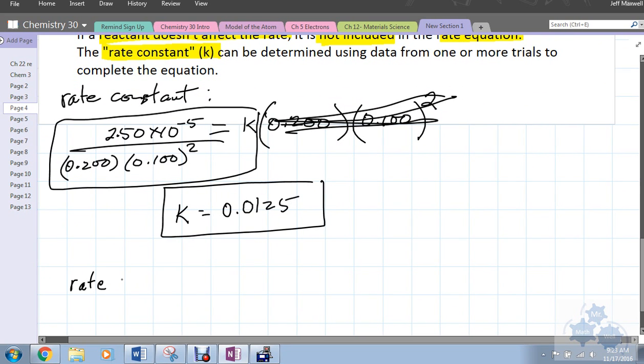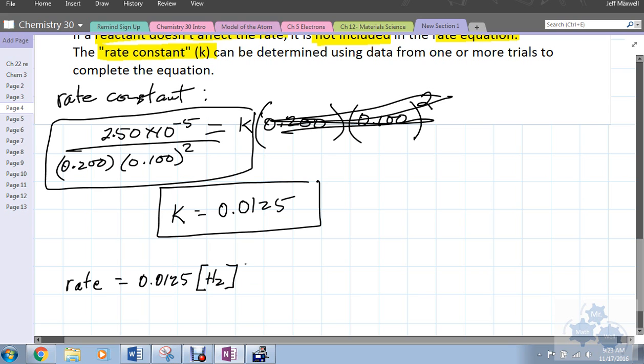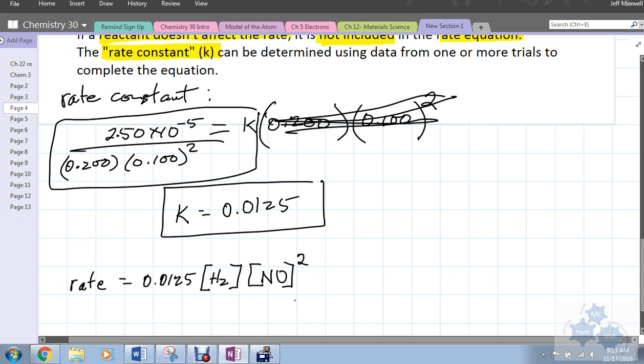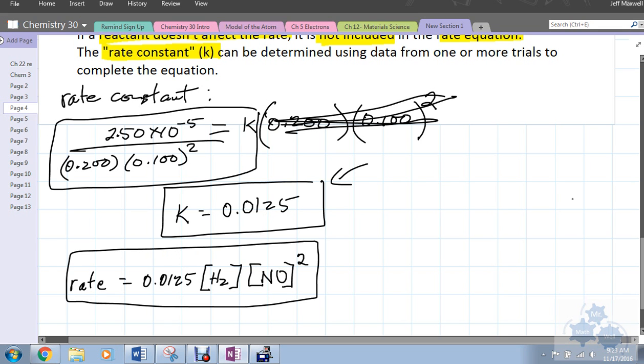The rate of this reaction at this temperature under these conditions is exactly affected this way: 0.0125 times the concentration of H2, or wait, was this H2? Yeah, and times the concentration of NO squared. So there is your rate equation. Here's your value for K.